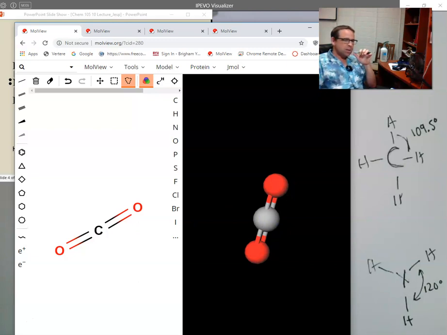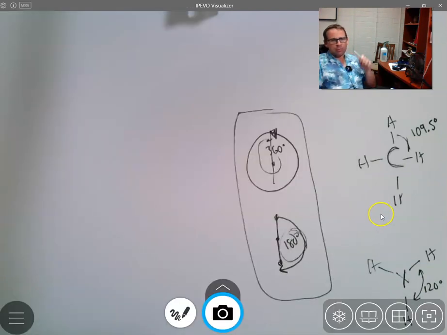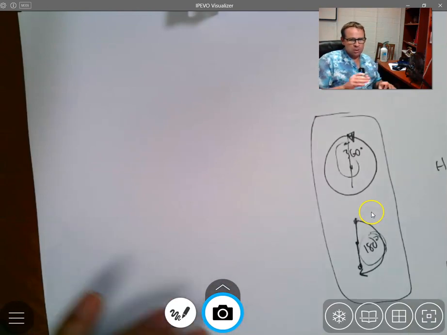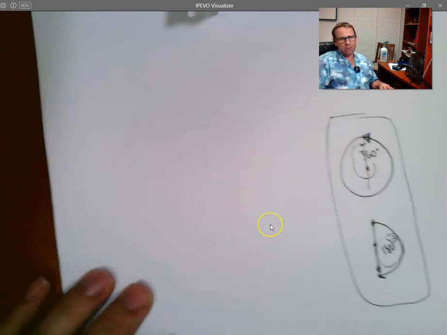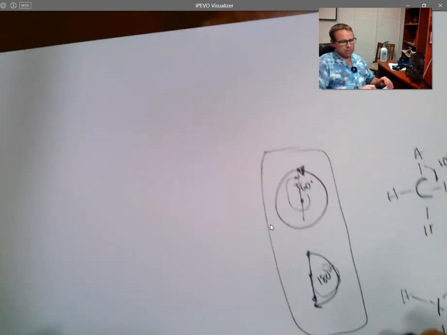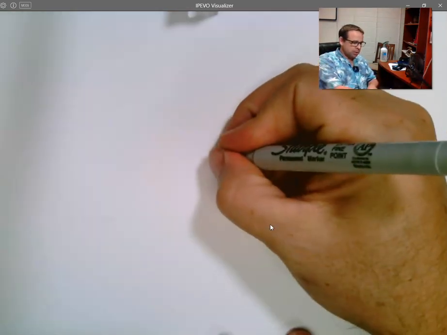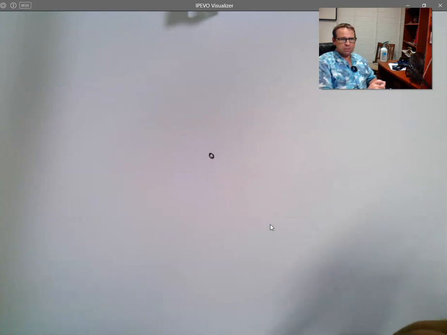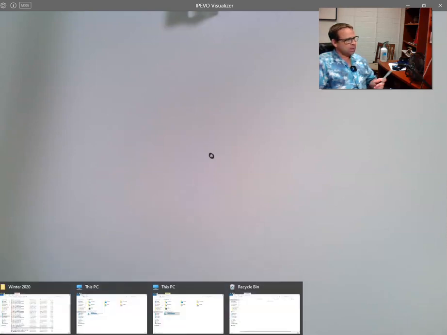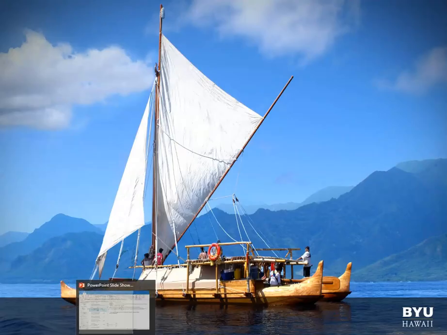All right. So, if we want to know the angle between the regions of electron density, or in the end we'll see how this affects the actual shape of the molecule, what we need to do is just count the regions of electron density around the central atom. All right, let's go to this one, and Samantha's going to answer this question for us.